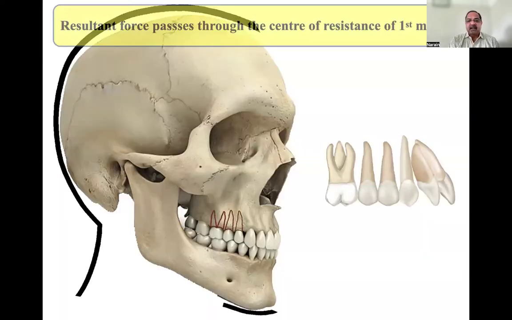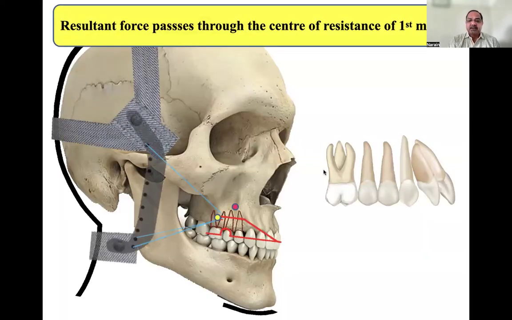Coming to the interlandi headgear. With the interlandi headgear, you can vary your forces very well because it's a combination of a high pull and a cervical pull headgear. Usually we use headgear elastics onto the outer bow. Depending on which of these holes you use for your elastics, they are open at the posterior, you can insert your elastics.